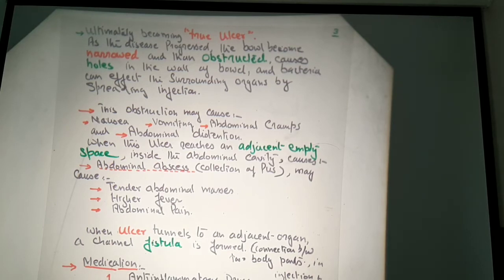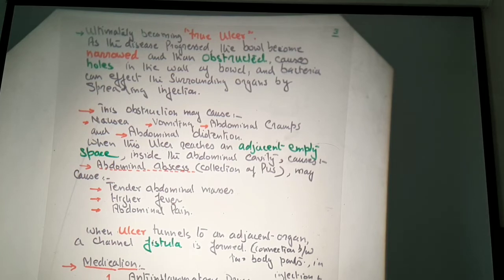When the ulcer reaches an adjacent empty space inside the abdominal cavity, it causes an abdominal abscess. Due to the accumulation, an abdominal abscess arises, and an abscess is nothing but a collection of pus.